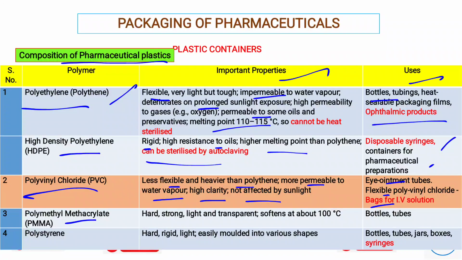And polymethyl methacrylate is hard, strong, light, and transparent, and softens at about 100 degrees Celsius; used for bottles and tubes. And polystyrene is hard, rigid, light, and easily molded into various shapes. It is used for the preparation of bottles, tubes, jars, boxes, and syringes.